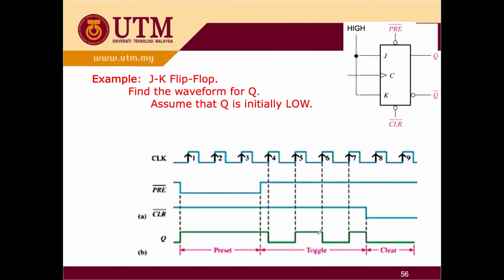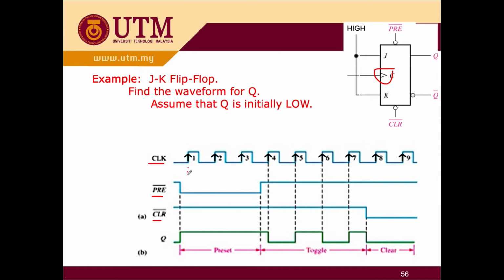This is the example. First of all, you can see you have clock, preset, and clear. Look at the clock first. As this is a positive clock, you need to see your clock go from low to high only.